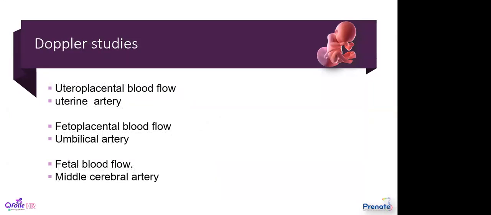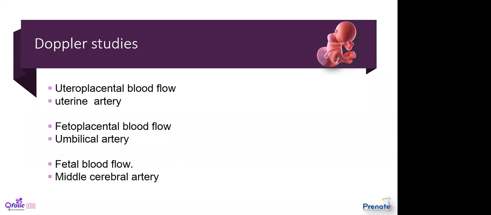The first portion was regarding biometry, using ultrasound to determine the biometry of the fetus. The second part is the Doppler studies. Doppler studies we usually do for uteroplacental flow, that is on the maternal blood vessel, the important artery, the uterine artery Doppler study.